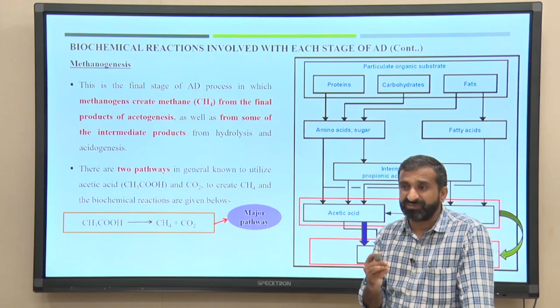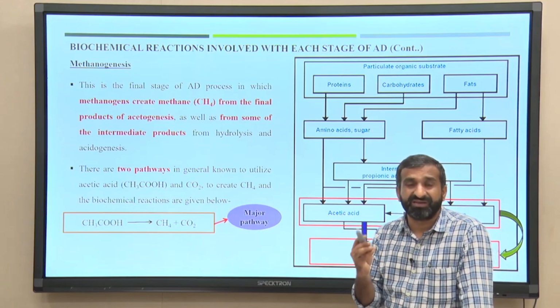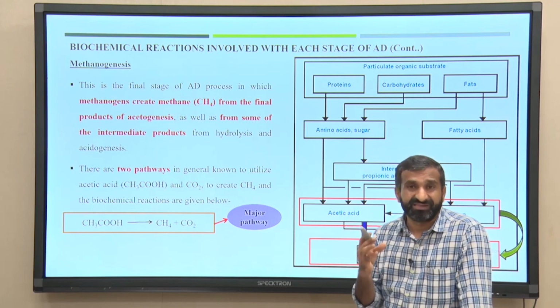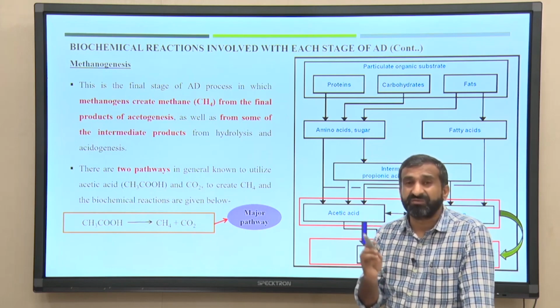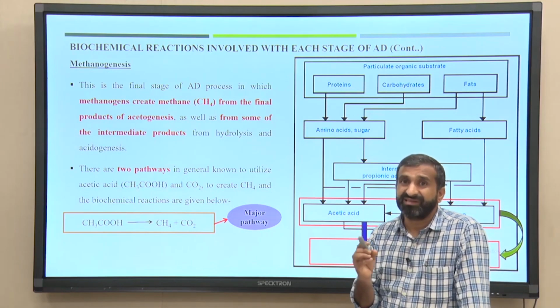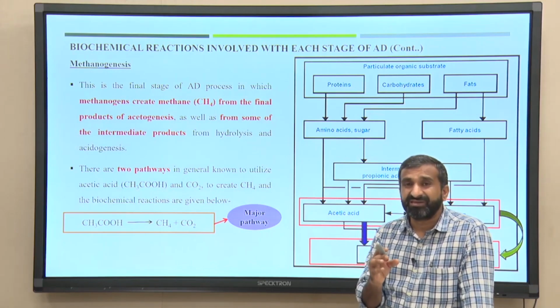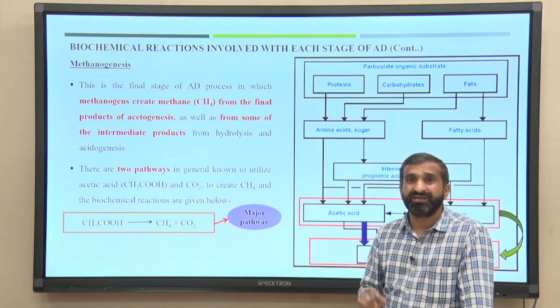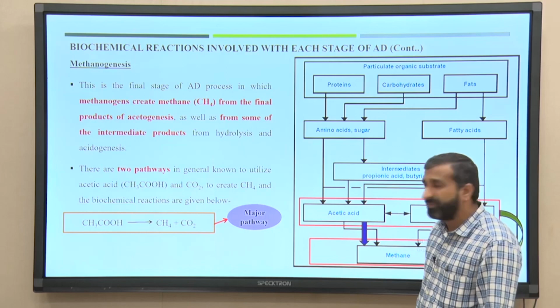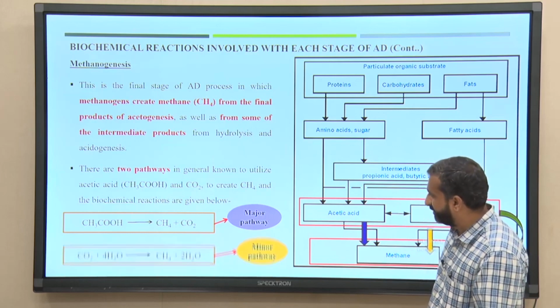This buffering is possible if some kind of alkalinity is generated in the reactor, which is highly beneficial, or some amount of ammonia production could also be highly favorable in the reactor, so that neutral pH can be maintained for the growth of methane forming bacteria or methanogenic bacteria.